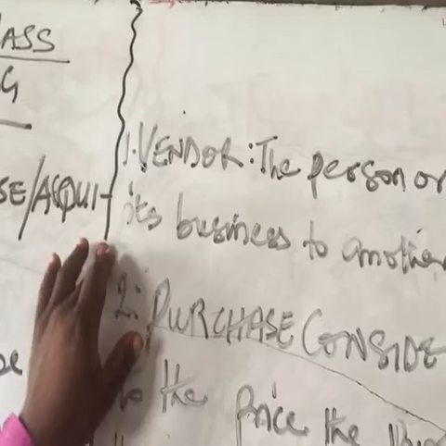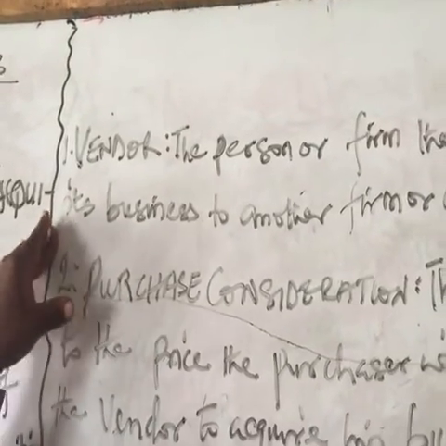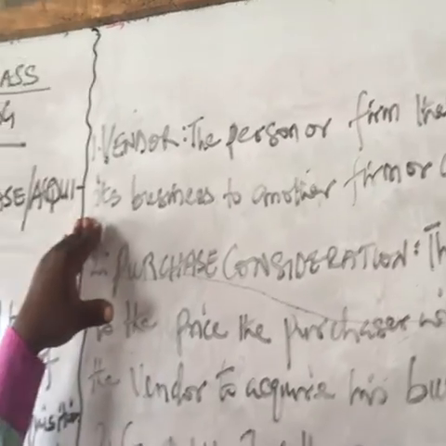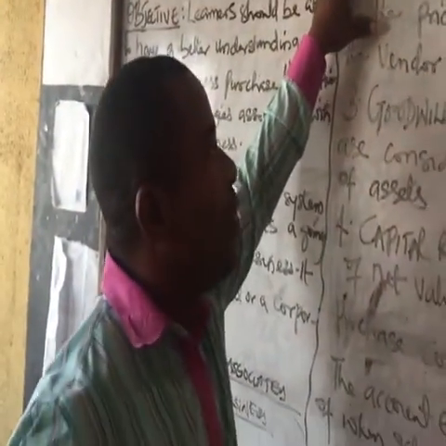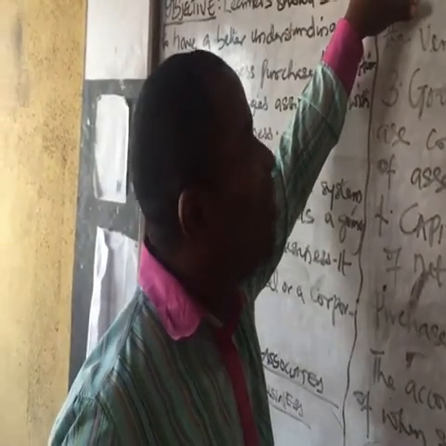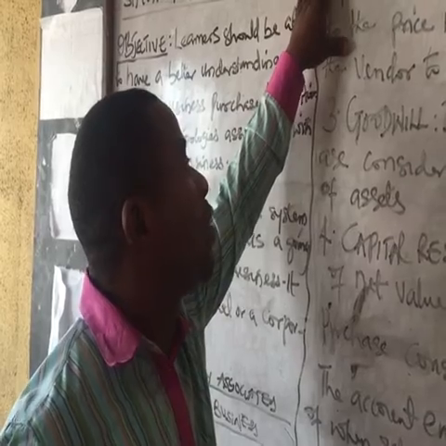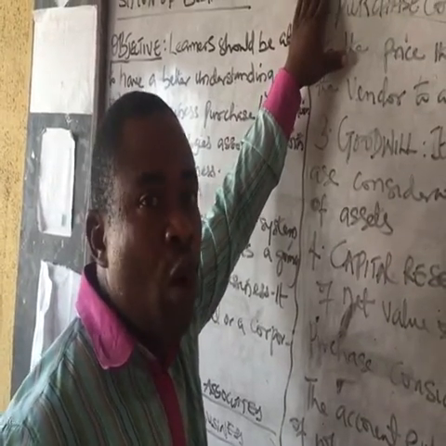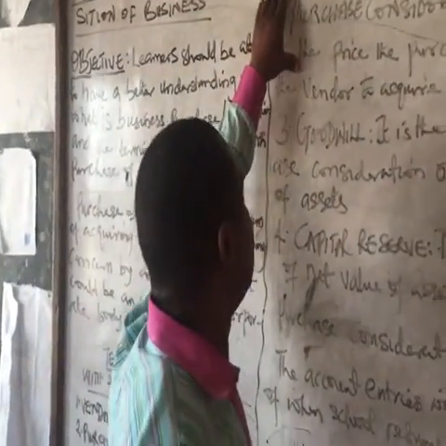Now, a vendor is a person or a firm who sells its business to another firm or individual or company. The person who sells his business to another is called a vendor.